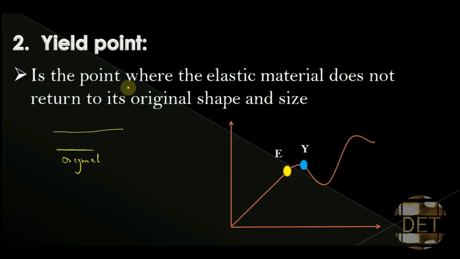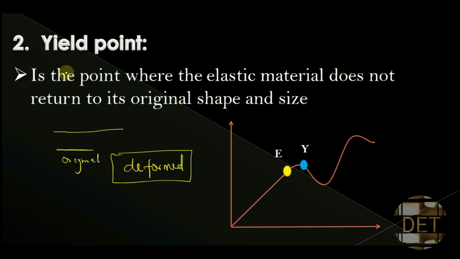At the yield point, the elastic material will become deformed. That means it will lose its elasticity and become plastic.